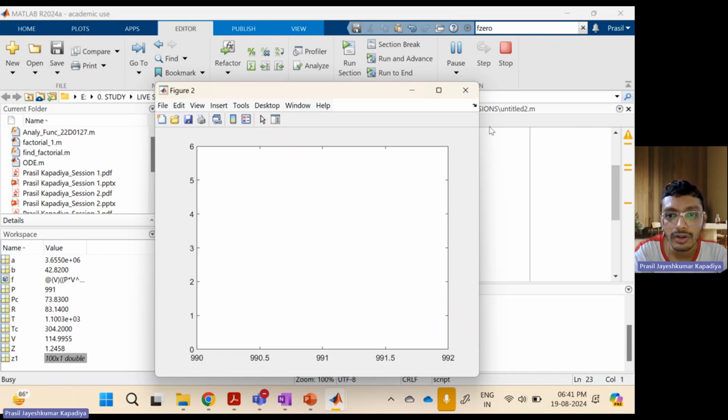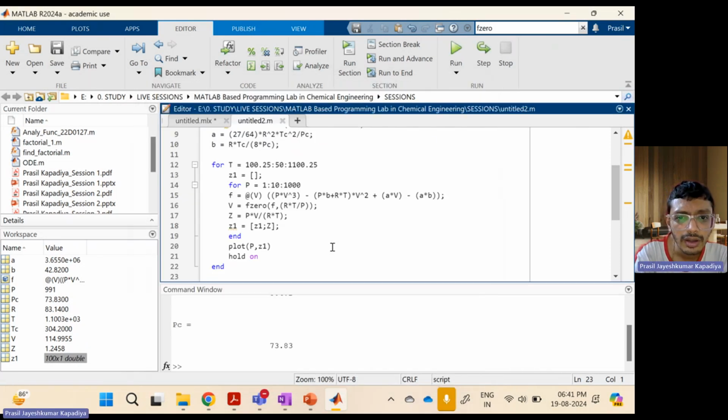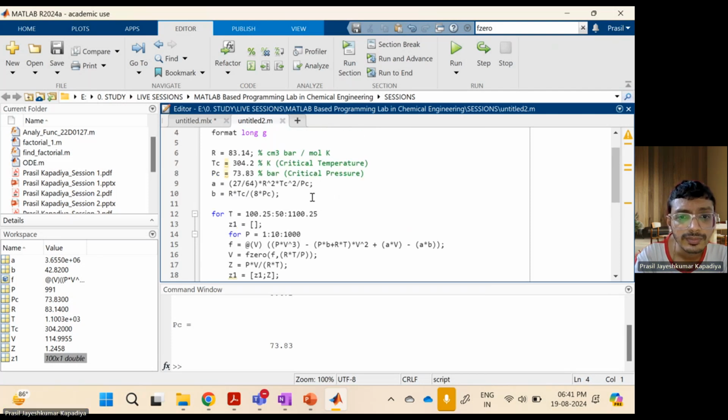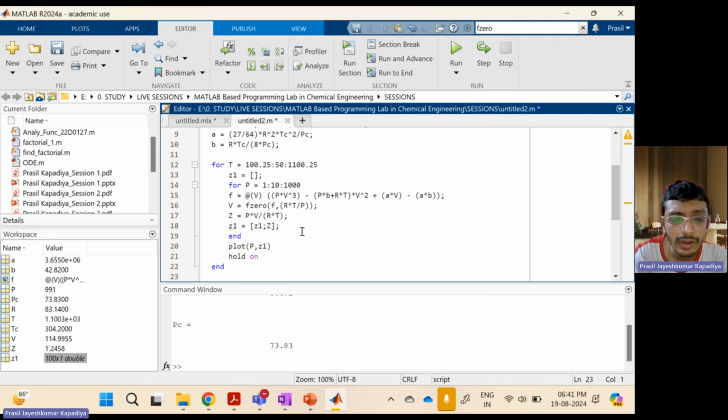Oh, then also it's not showing for whole values. So let's do one thing. Let's plot it for critical pressure, not with, sorry, reduced pressure.